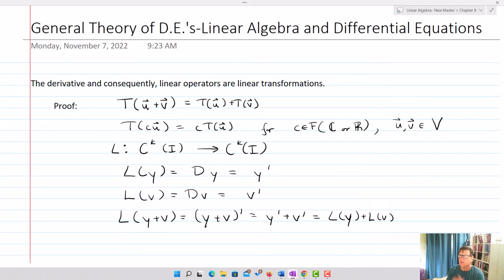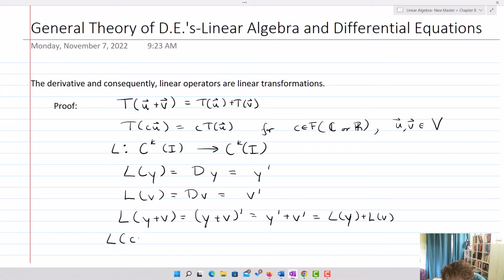All right. So for the derivative, essentially, what we know is that we can either add first and then take the derivative, or take the derivative and add afterwards. That's the first requirement of a linear transformation. The second one is the scalar multiples, and you might be able to figure that out.